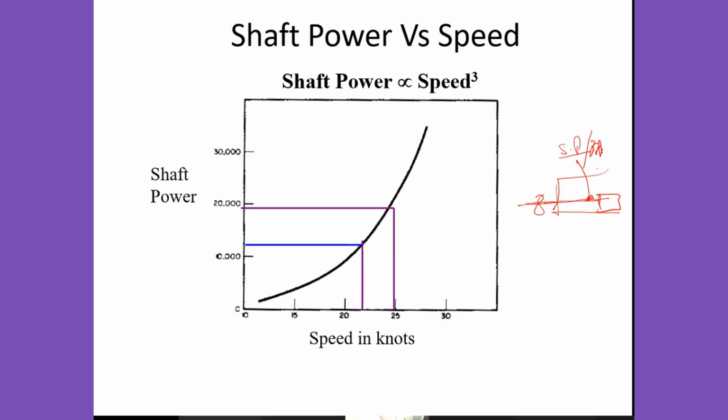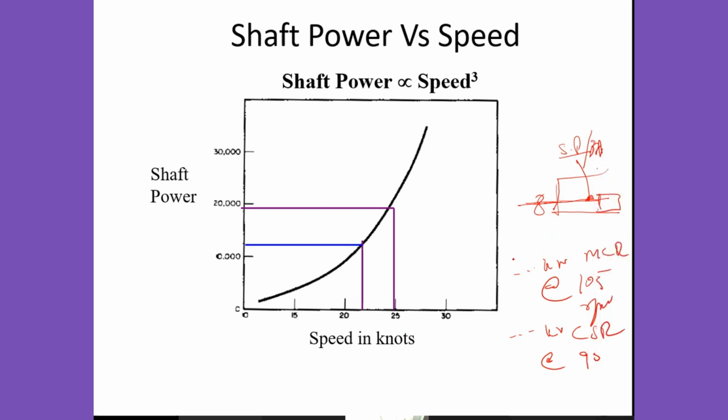If you see the vessel's ship particulars, you will find something given as so many kilowatt is the MCR at so and so RPM, at 105 RPM for example, and so many kilowatt CSR at, let us say, 95 RPM.